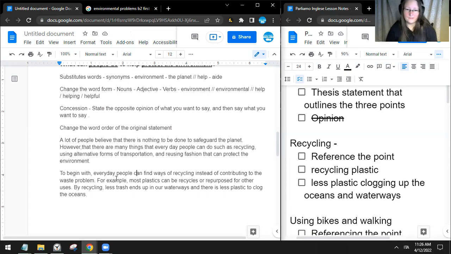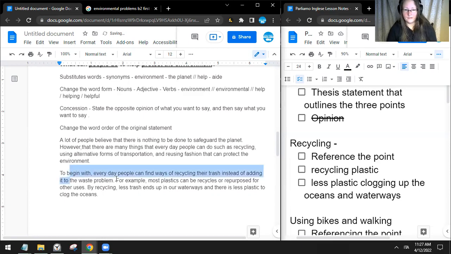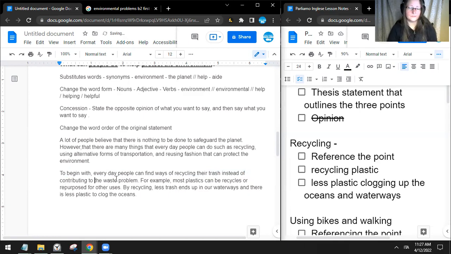Every day people can find ways of recycling their trash instead of adding it to the waste problem, instead of contributing to the waste problem.